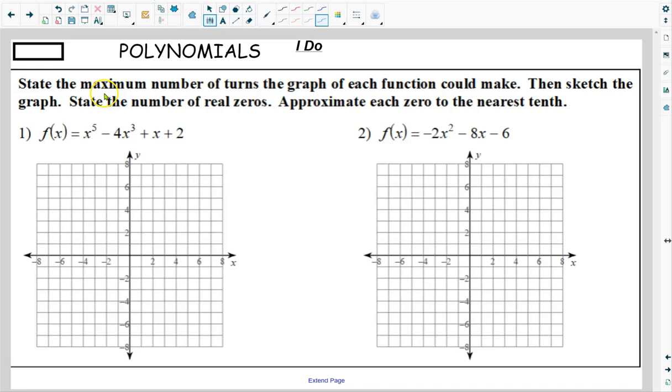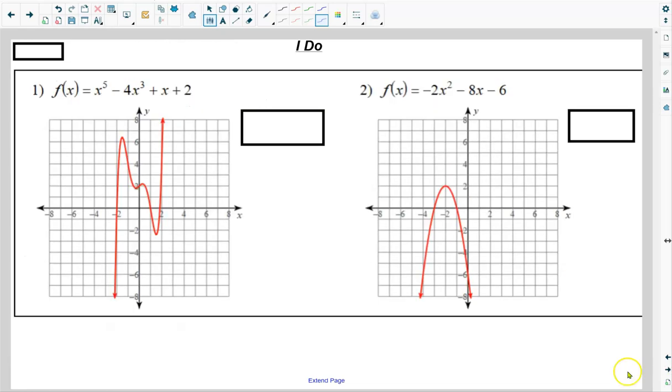So anyways, they're going to be asking you for the maximum number of turns. Then you'll be asked to sketch the graph. You'll also be asked to state the number of real zeros and to approximate those zeros. So let's go ahead and do 2 here together. Now of course we have calculators, so we'll go ahead and enter them as such.